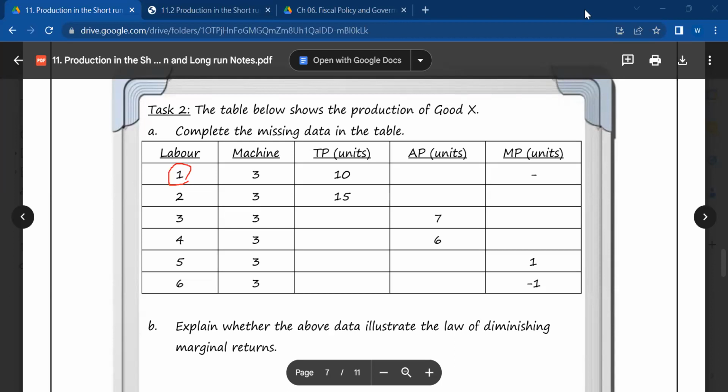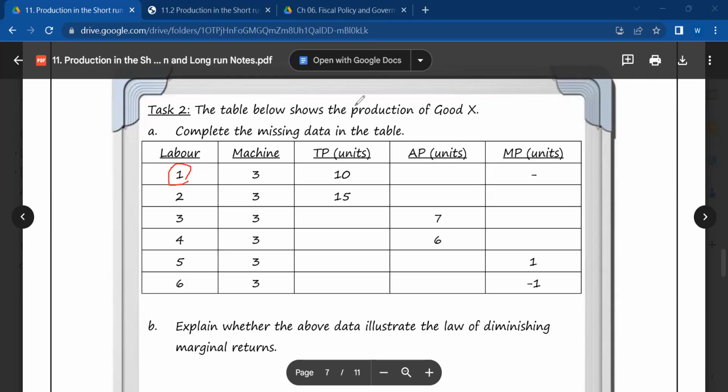Yes. Okay, Zijun, can you tell me the answer of the AP when there is first neighbor? AP, average product. The total product is 10. We need to find out average product.